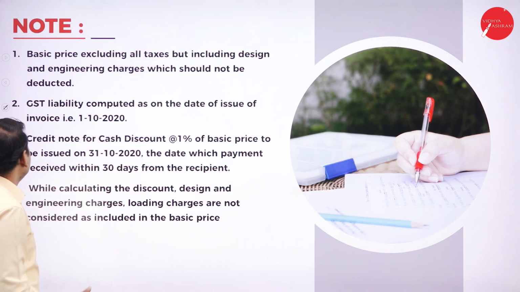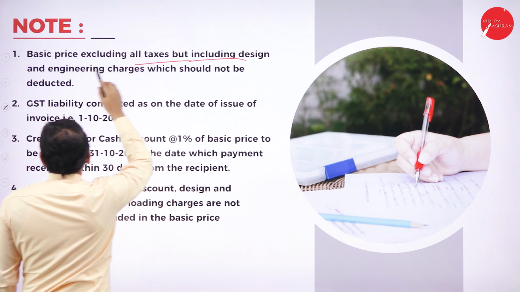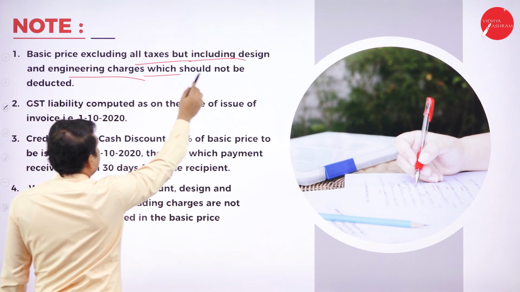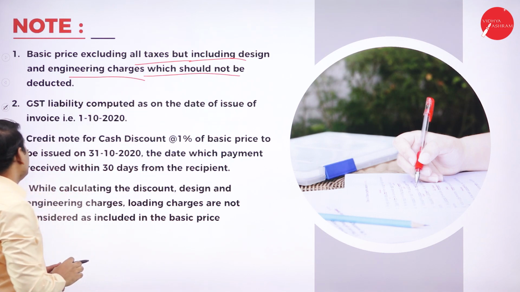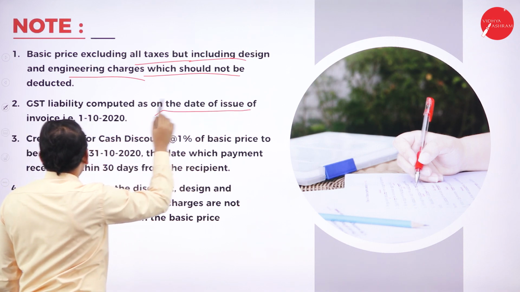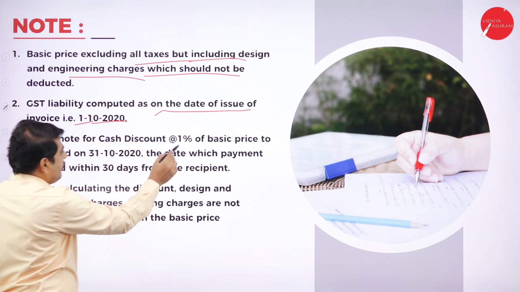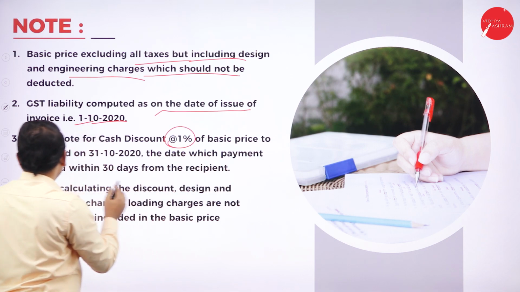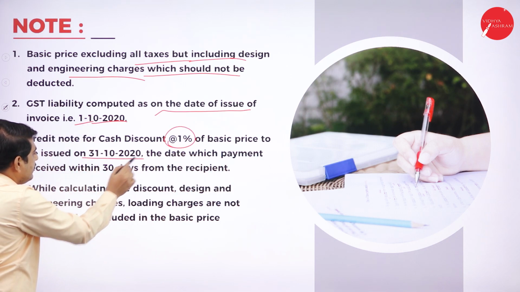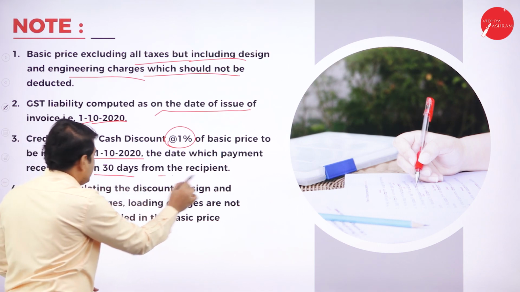This is the note. Basic price inclusive of all the tax but not including design and engineering charges, which should not be deducted. So GST liability is computed as on the date of issue, 1/10/2020. Here a credit note of cash discount of 1% of basic price is to be issued on 31/10/2020, the date on which payment is received within 30 days from the recipient.